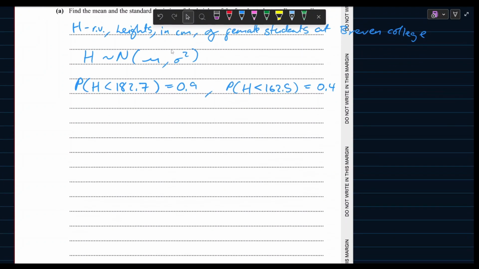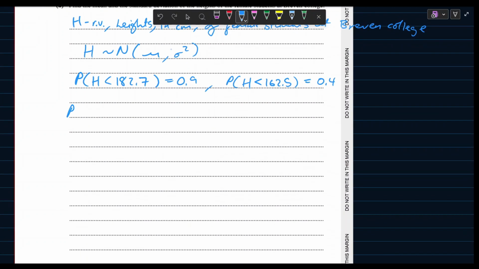And what we can do here is we can standardize. So this would be z is less than (182.7 minus our mu) divided by sigma. And the probability would still be the same, and we'll do the same here. This is z is less than (162.5 minus mu) over sigma, and this is equal to 0.4.